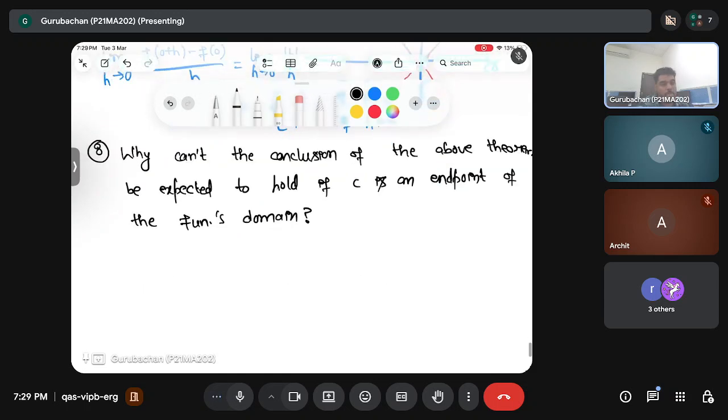Since we are discussing the interior points only, it has been asked why we cannot discuss the endpoints of the domain. Think and then tell me, with the concrete reason.